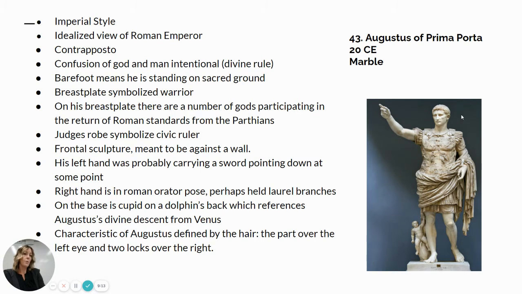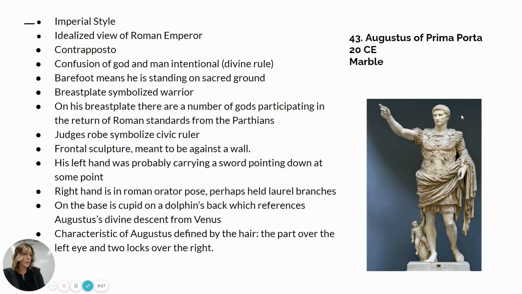And what we're looking at on this breastplate is some of those Roman gods participating in what is considered Roman morals and Roman standards. So if you're able to blow that up and look closely, that is what you'll see on the breastplate carvings.